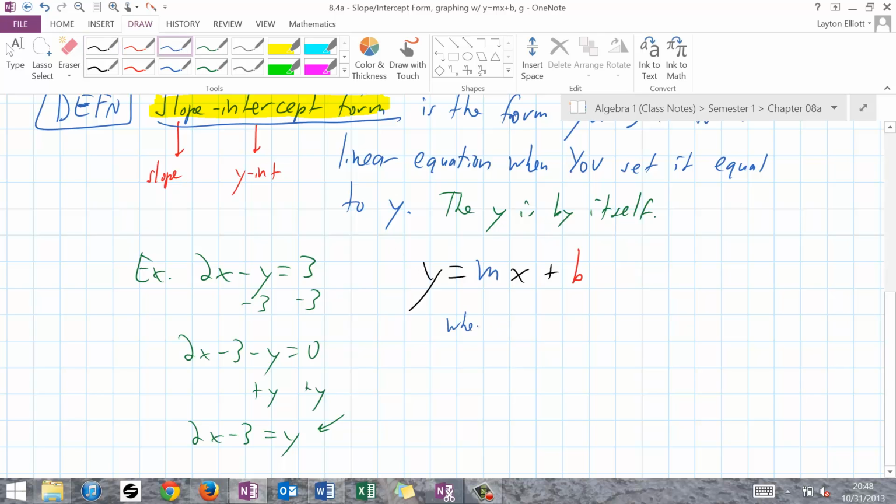We're going to say where m is the slope, and by m we mean the coefficient of x, and b, well, I should actually more correctly say 0 comma b is the y-intercept.